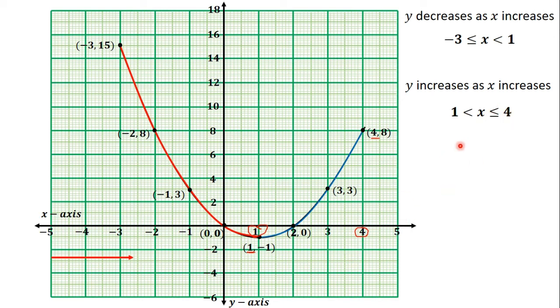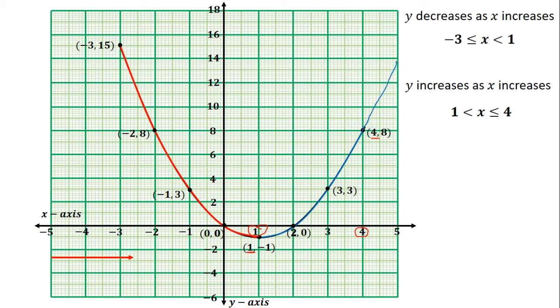You can see that here too, I have included 4 in our answer. This is because this point we have here, the point with the coordinate 4, 8, is the last point we plotted on this side of the graph. But in reality, we can extend this side of the curve to include a whole range of x values. Now this is what I mean. We can extend this side of the curve up to infinity.